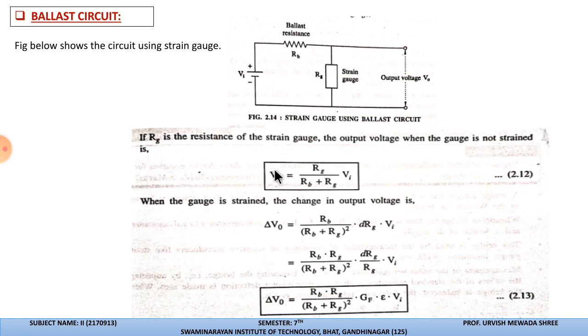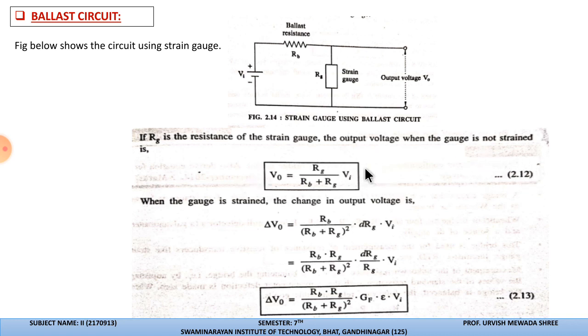V output is equal to, with the help of the voltage divider circuit, Rg divided by the total resistance of the circuit, Rb plus Rg, that is ballast resistance plus gauge resistance, multiplied by Vi, the input voltage. Let's put it as equation number 1.